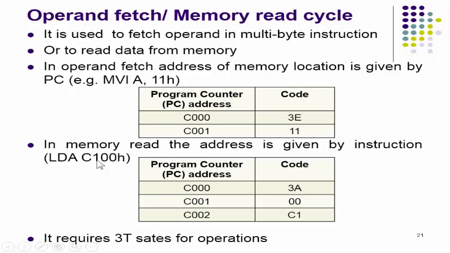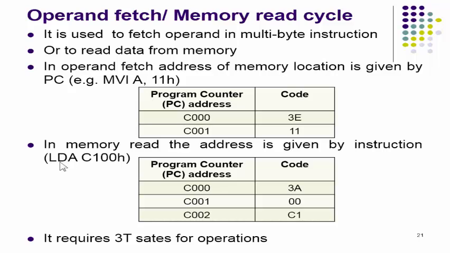In the second case, LDA C100, data is available in memory and its address is given by the LDA instruction. In the operand field we have the 16-bit address C100 where the data is available. LDA means load accumulator directly from memory, that is a memory reading operation.